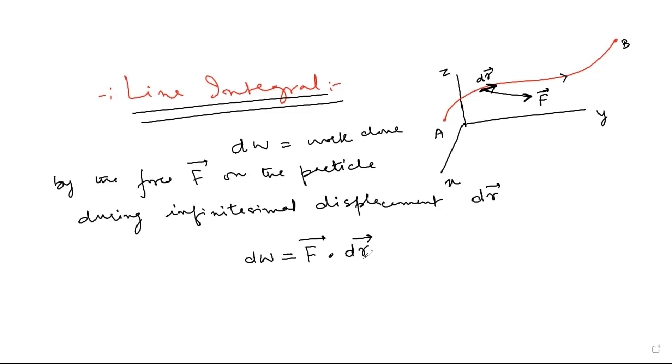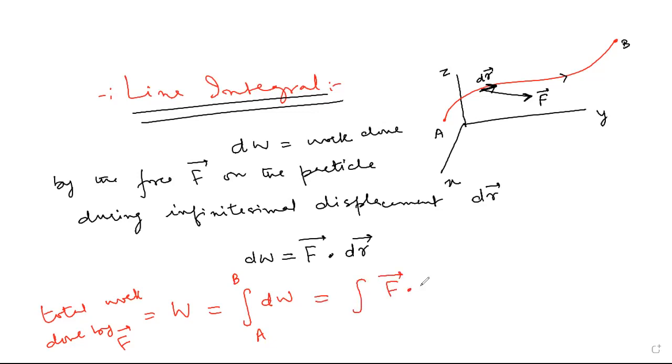Now we are interested in finding the total work done by force F as the particle moves from point A to point B. So if W is the total work done by force F, this total work is simply the integral dw, which is integral dw from point A to point B, which is simply integral F dot dr from point A to point B, right?